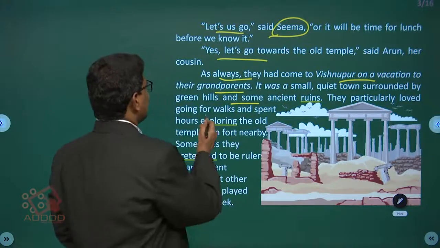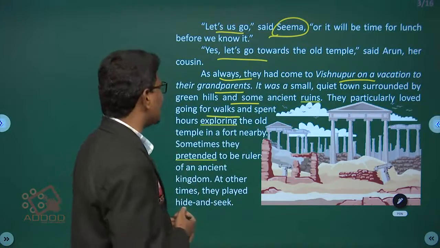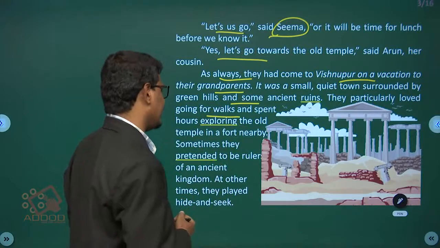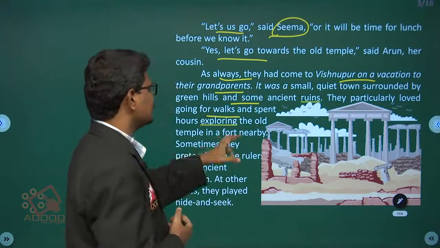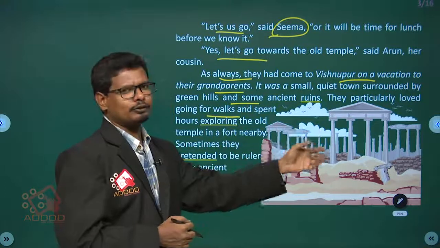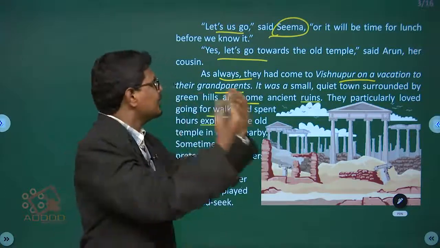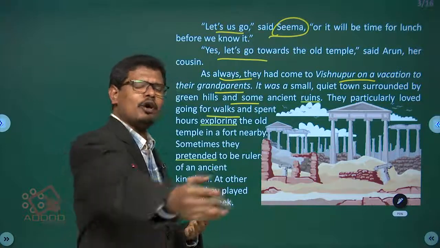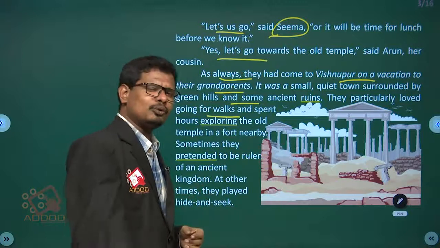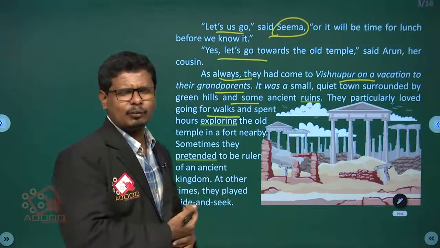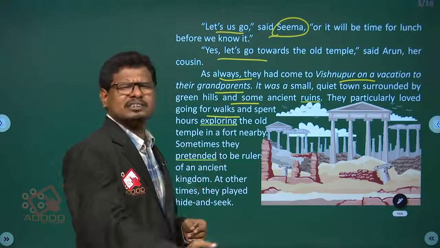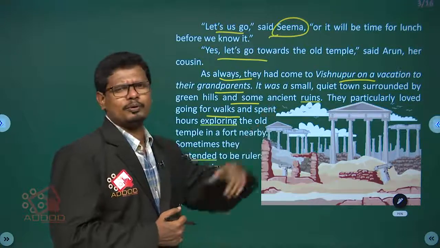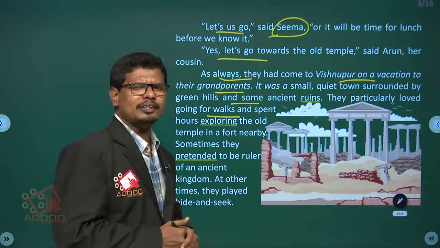They particularly loved going for walks and spent hours exploring the old temple and a fort nearby. So these people go to a fort nearby, they explore, in the sense they go around, try to know a little about that temple, try to read everything that has been presented on the walls, and try to ask some people to know about the old temple, or there would be some tourist guides who would try to help them.